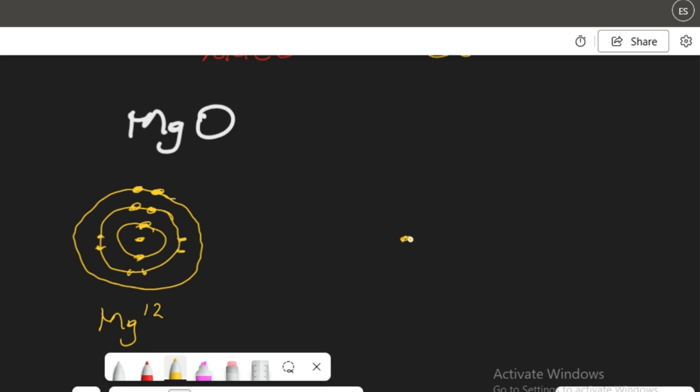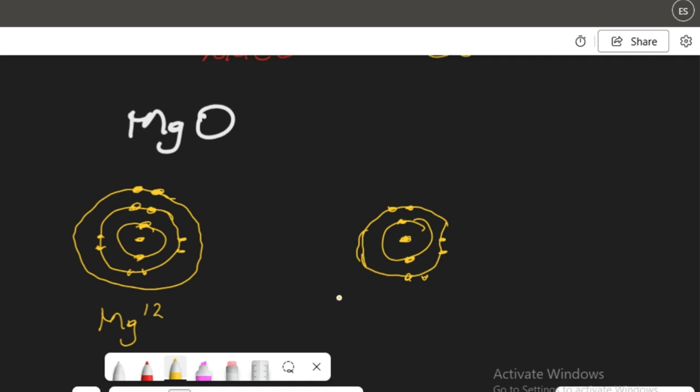Here is the nucleus, and then the first shell, 1 2, the second shell, 1 2 3 4 5 6. Oxygen actually has a total of 8 electrons. So 2 will be inside and 6 will be outside.